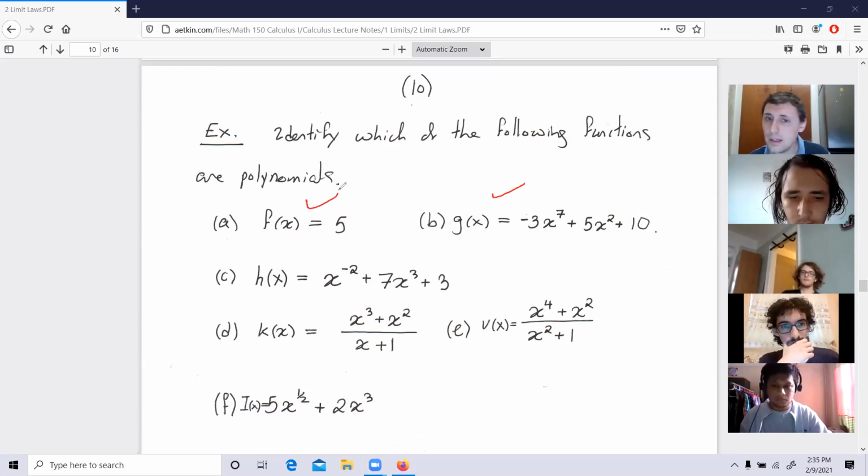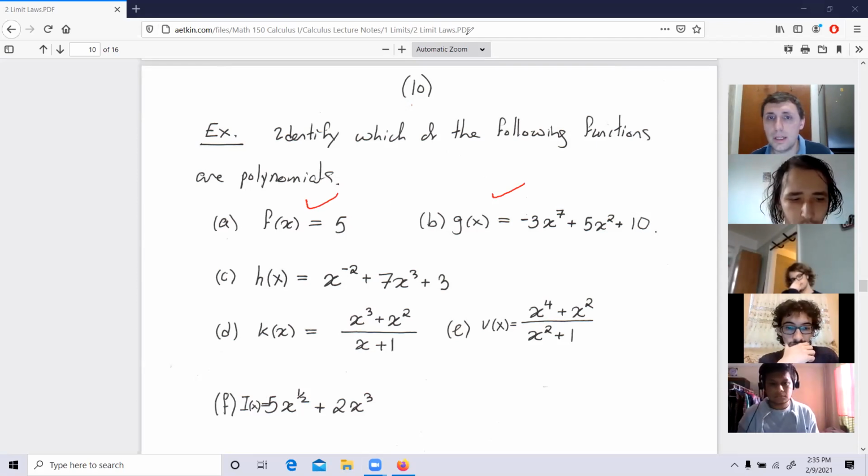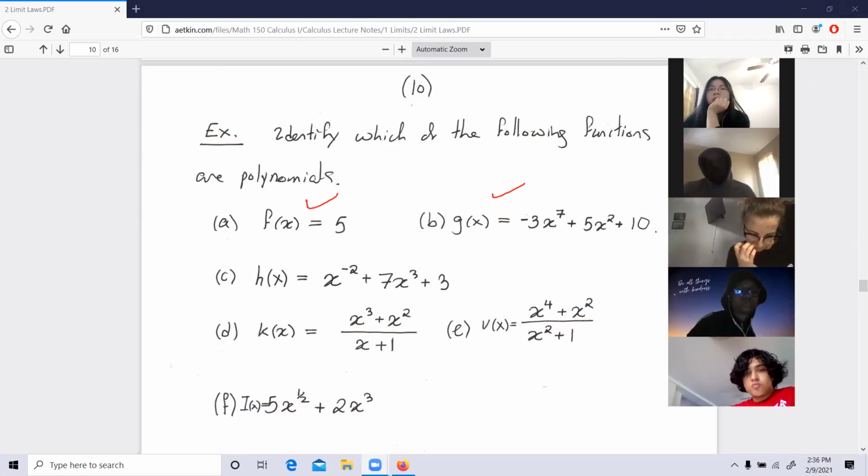Wonderful. Now we are at C. Everybody understands that B is a polynomial. Now tell me if C is a polynomial. And think about it a little bit. And we will make the question slightly more complicated than appearances might suggest.